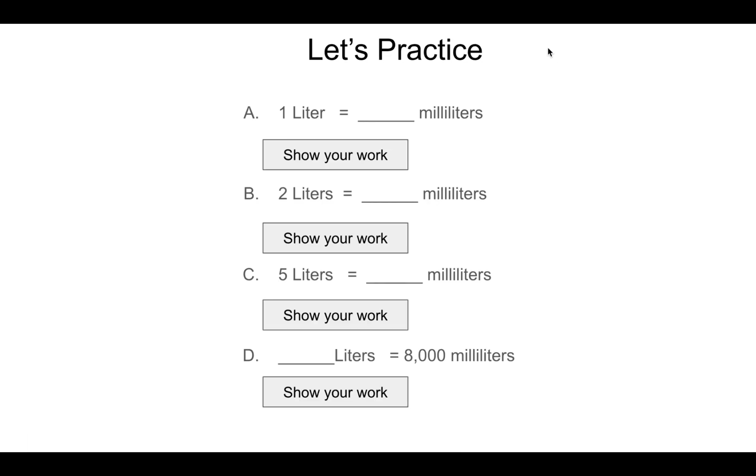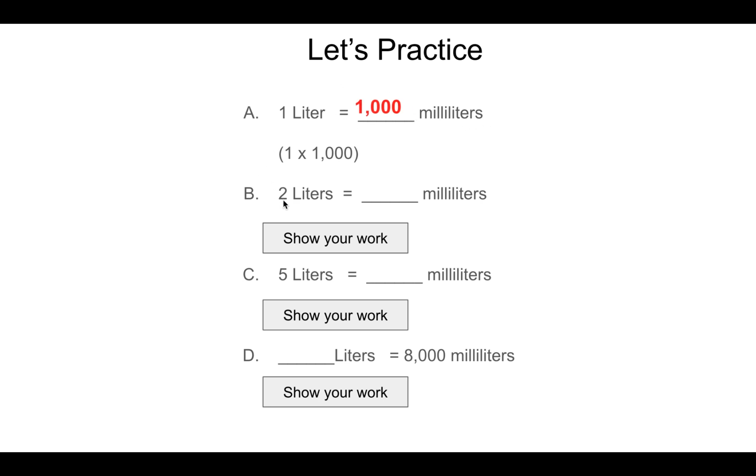So we're going to practice. 1 liter equals how many milliliters? We just talked about that. If I were to show my work, it would look like this: 1 times 1,000 equals 1,000 milliliters.